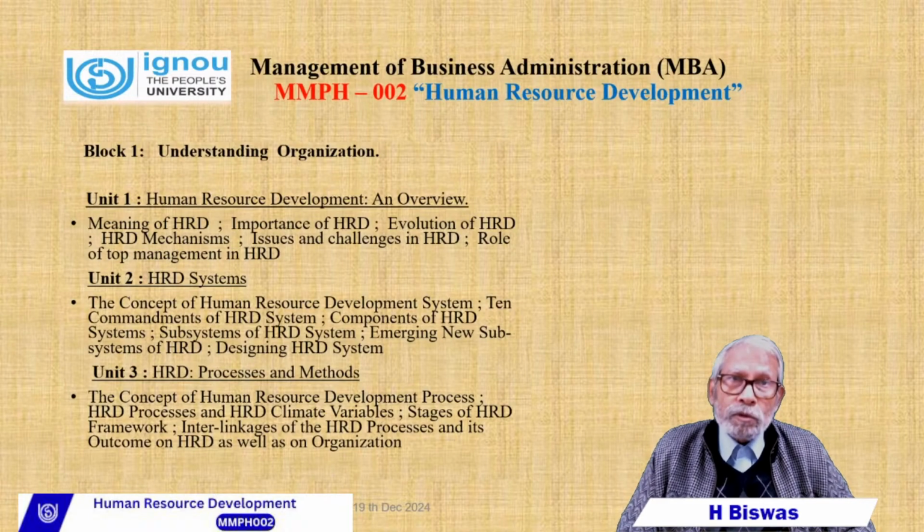What are the new strategies of the HRD, basically. Designing the HRD systems. In the process and methods unit, it is the concept of the HRD process. And your climate, what are the variables, stages of the HRD framework, interlinkages, and outcomes of the HRD, as well as on the organizations.